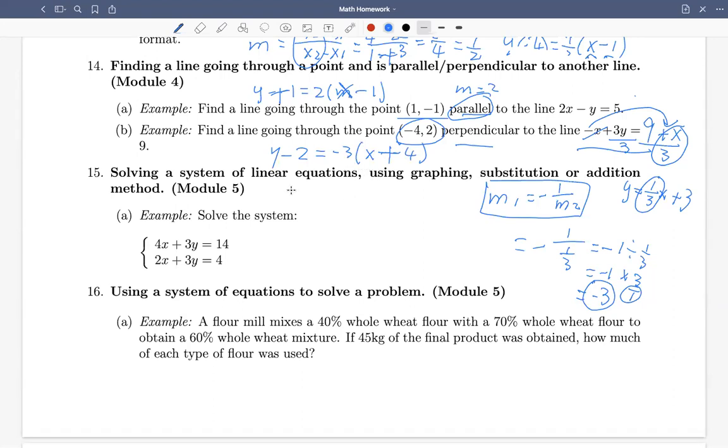If the question asks you to write slope-intercept form, you do y equals negative 3x, negative 3 times 4 is negative 12. Then negative 2 moves to this side, plus 2. We simplify and get negative 3x minus 10, right? Negative 12 plus 2 is negative 10. And that's it. That's the line perpendicular to the given equation passing through the point negative 4 and 2.